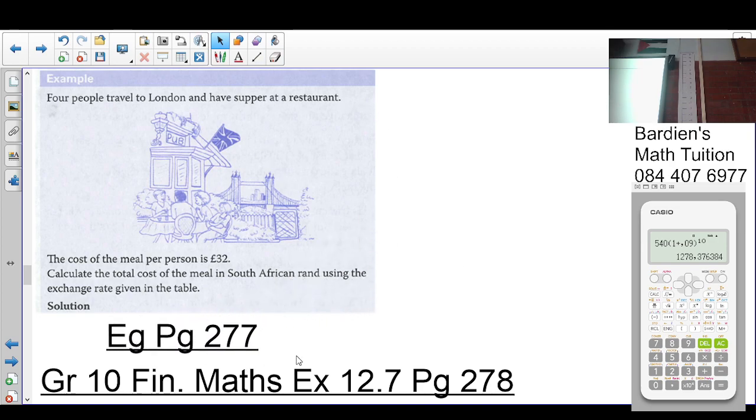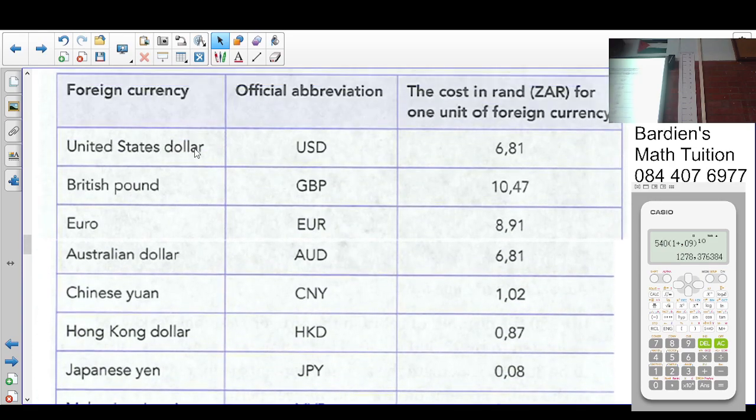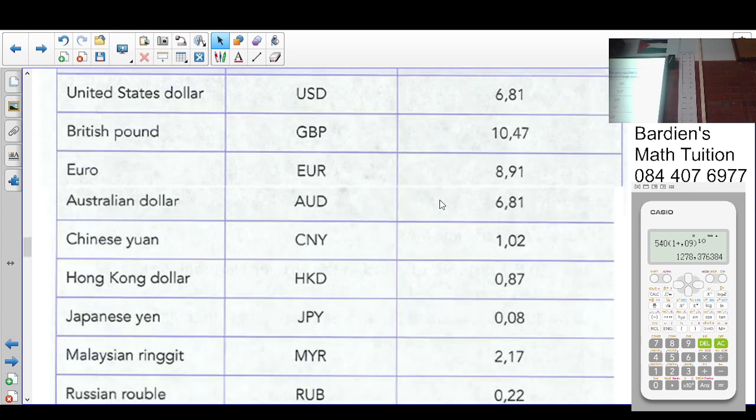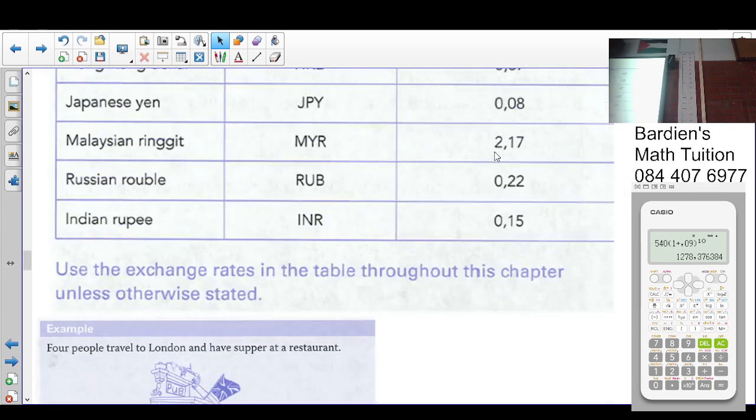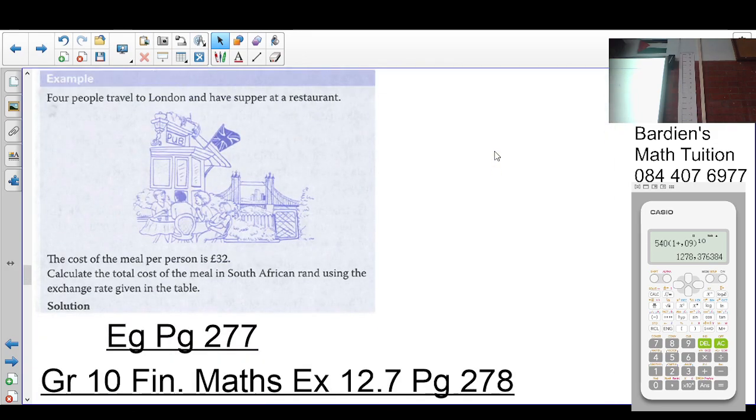So, what do we need? We need to know how many rands we pay for 1 British pound.